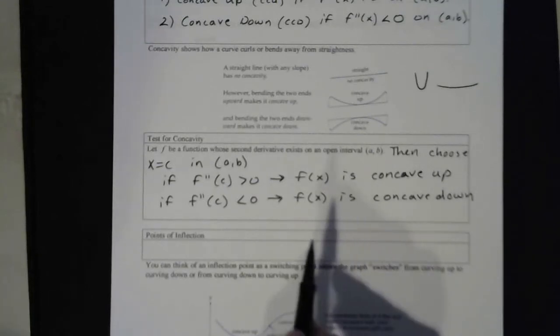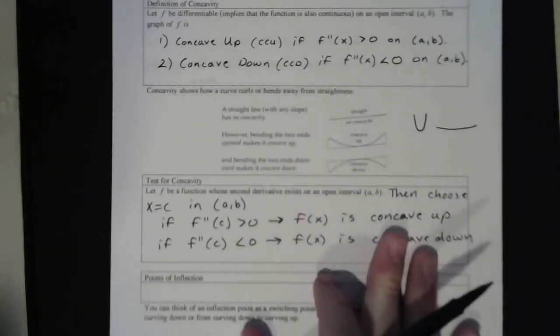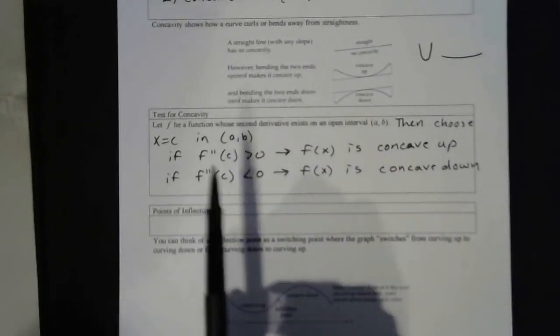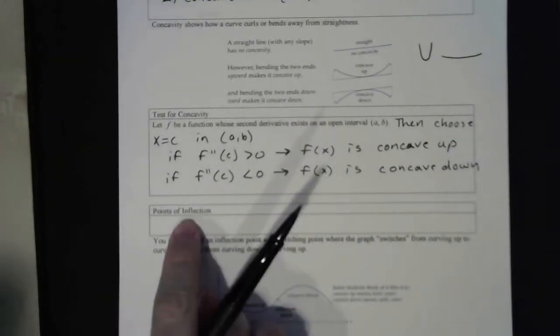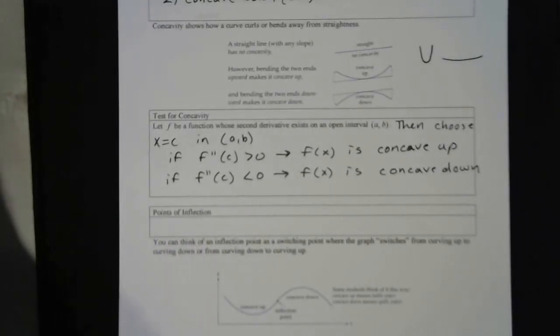So this limits what we need to check. We don't need to check all of the values, we just check one. And the reason for that is if it switches, when we switch concavity from up to down or down to up, we have what's called a point of inflection. So a point of inflection is defined this way.